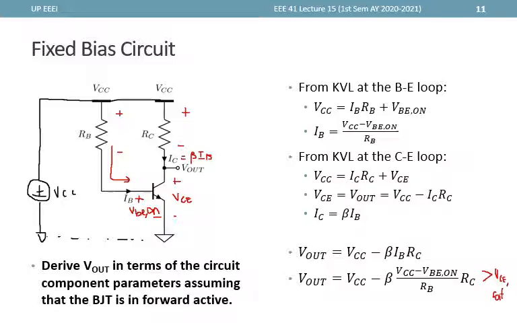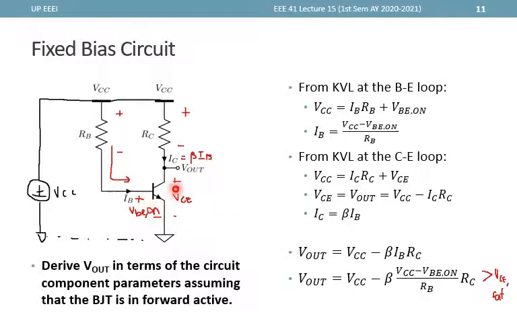However, unfortunately, this beta right here is actually not very easy to control. So for example, if you have a bunch of transistors in the lab, then you would normally expect that the beta of each transistor would differ. And so slight changes in beta may cause the V out to go out of the range that we want, and in the extreme case, can cause this BJT to be in saturation.